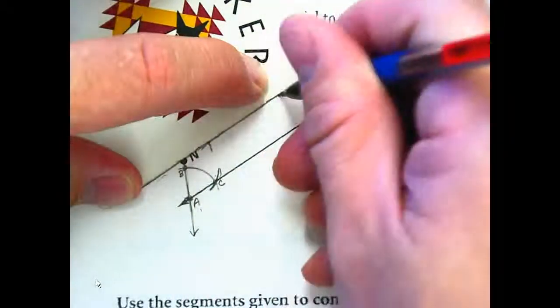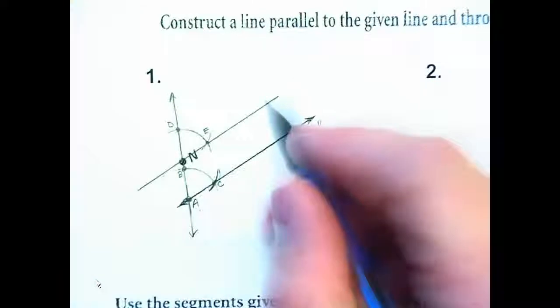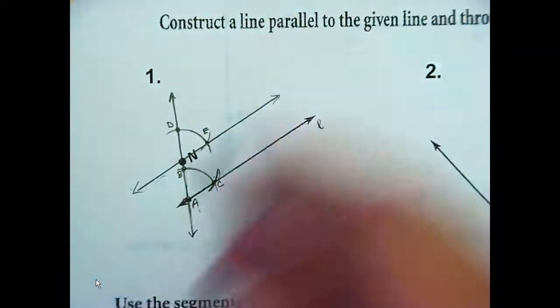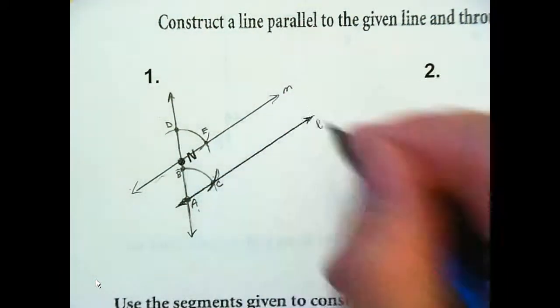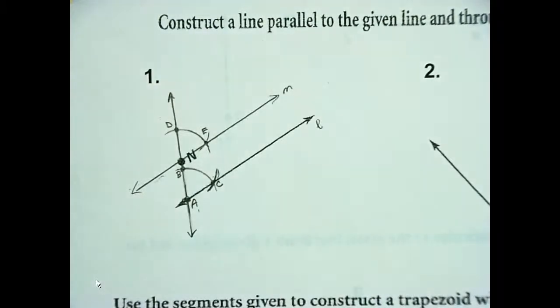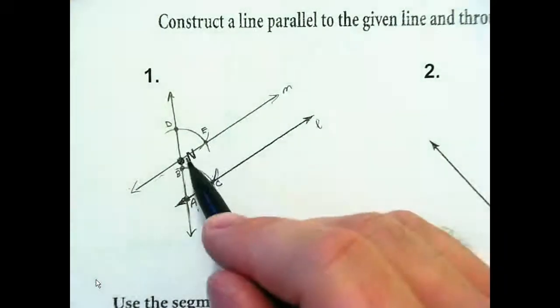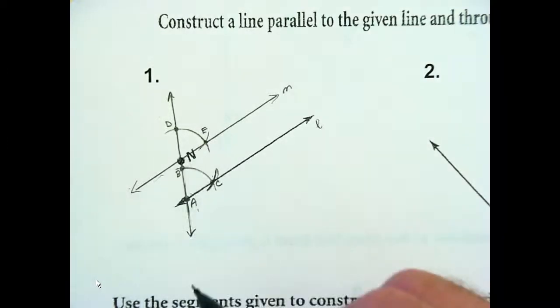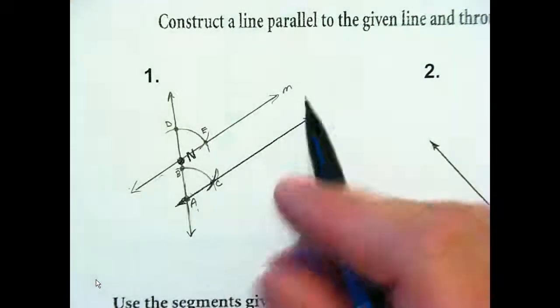And that line I drew, I'm going to call it line M. That should be parallel to L. I realize that this is kind of a small distance here. So sometimes if our compass slides, it may not look quite parallel.